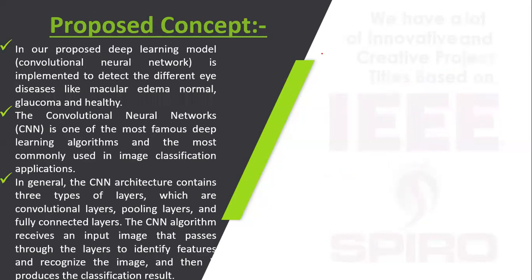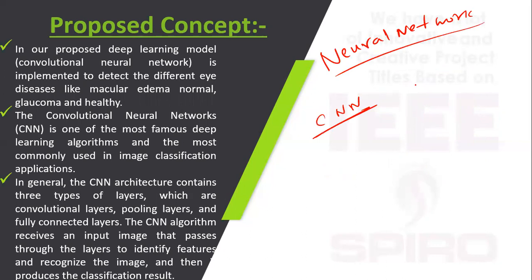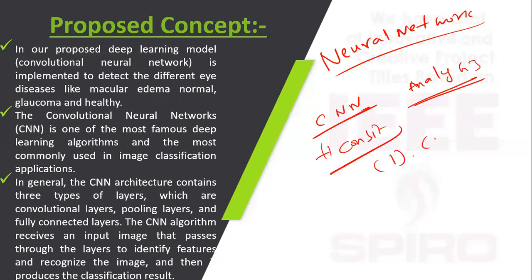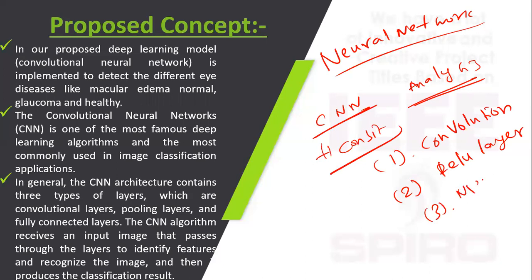In our proposed model we used a convolutional neural network to analyze visual images. It consists of three layers: a convolutional layer, a ReLU layer, and a pooling layer.